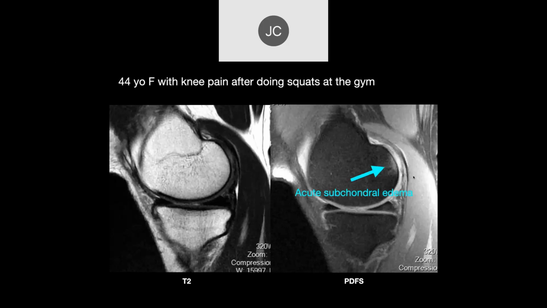You might be able to do a posterior approach to look at this particular area, but that's really fraught with difficulties because then you're sticking things into where the vessels and nerves are. So people don't like to do that. John, do you want to comment on this? You can do it from the lateral side or the medial side by using arthroscopes, like a needle scope, if you wish.